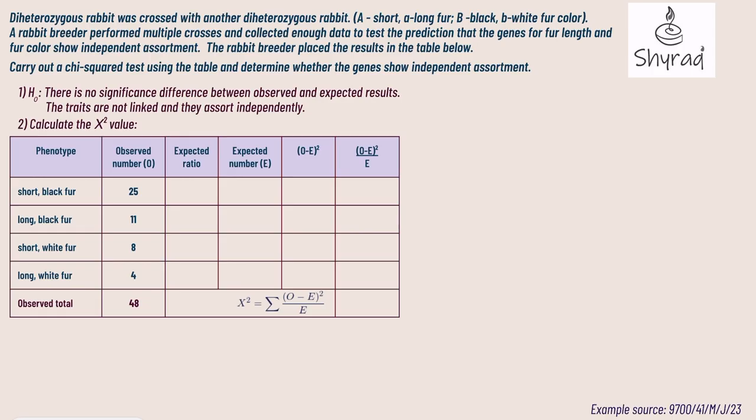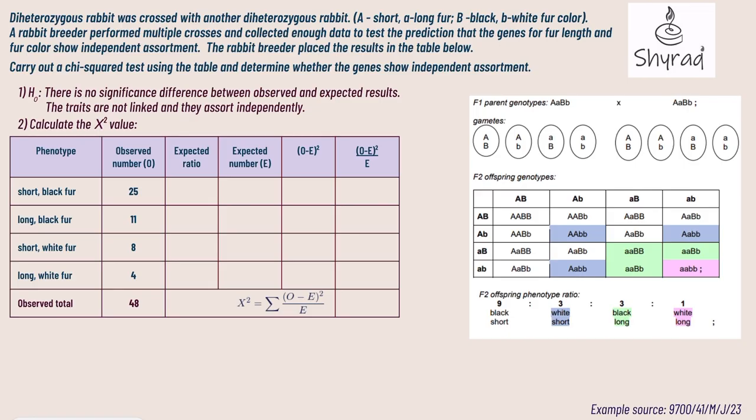Then you have to determine the expected ratio. To determine the expected ratio, you could carry out all the genetic work, but you don't have to. Keep in mind, any diheterozygous crossing with another diheterozygous organism always gives a 9:3:3:1 phenotypical ratio.